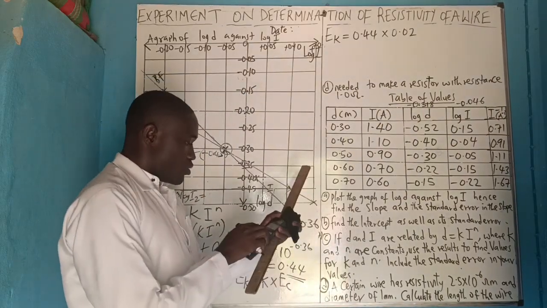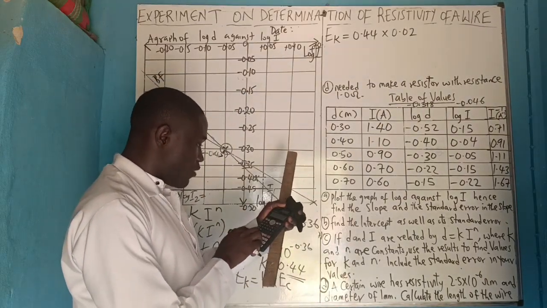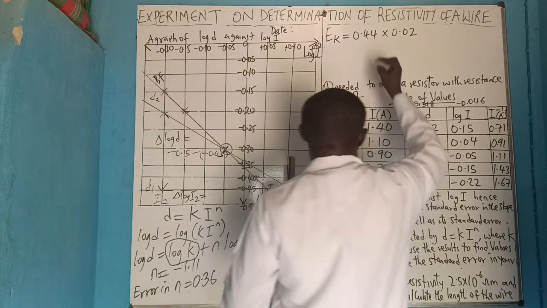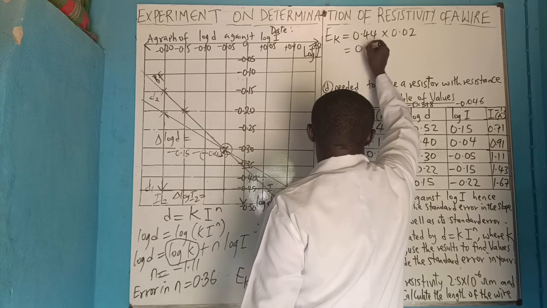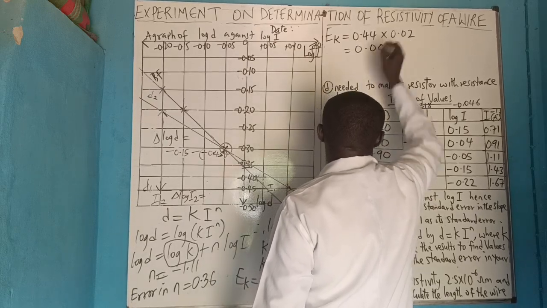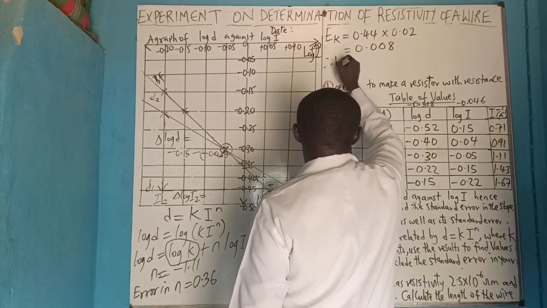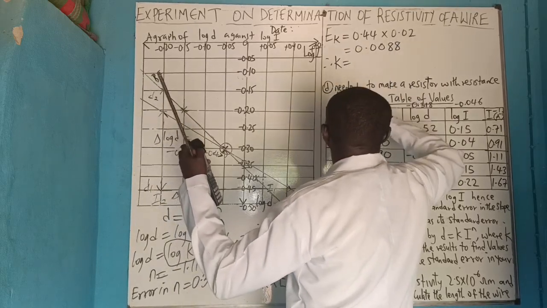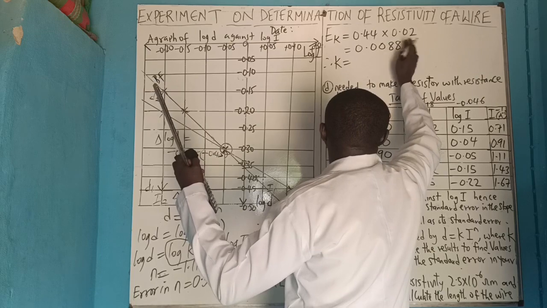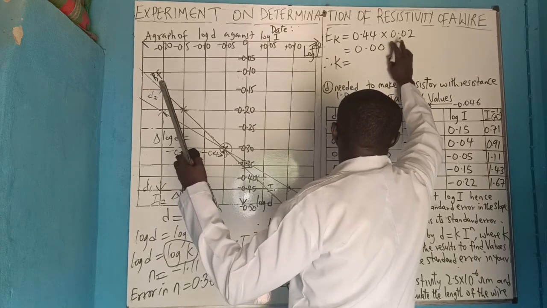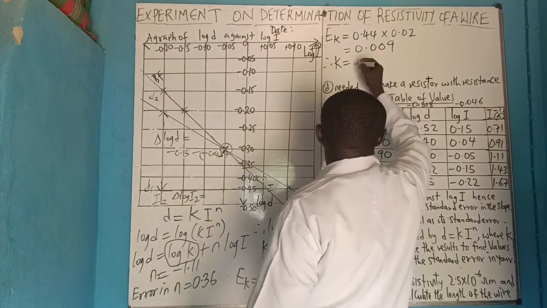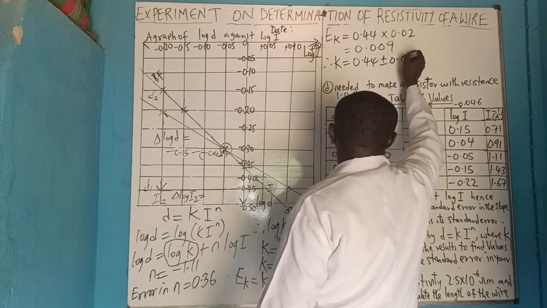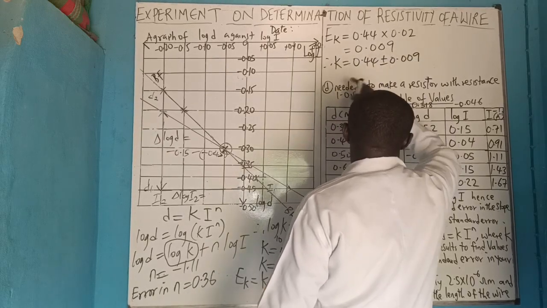When we do that, 0.44 times 0.02 will be giving us 0.008. Therefore, our k is approximately 0.009. Our k is equal to 0.44 plus or minus 0.009. No unit.